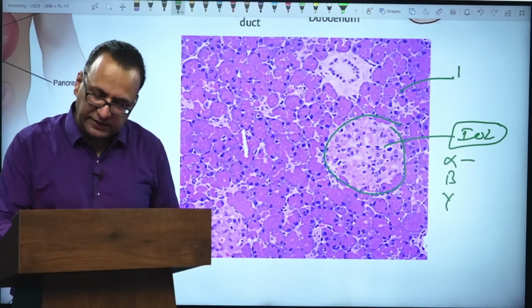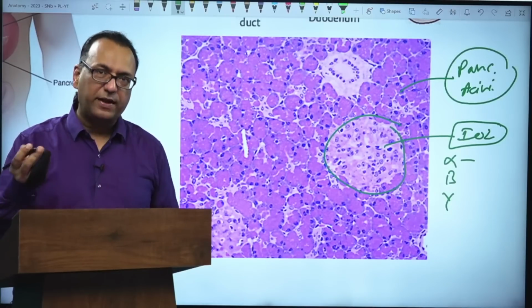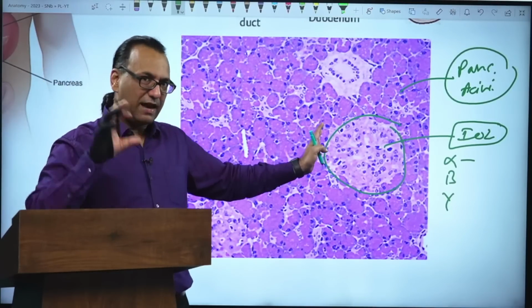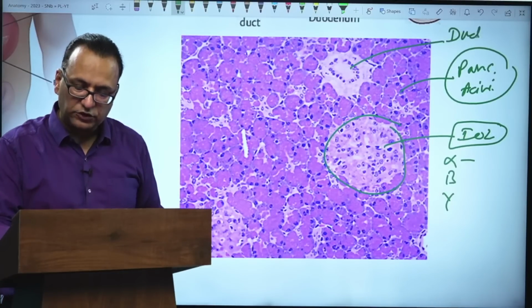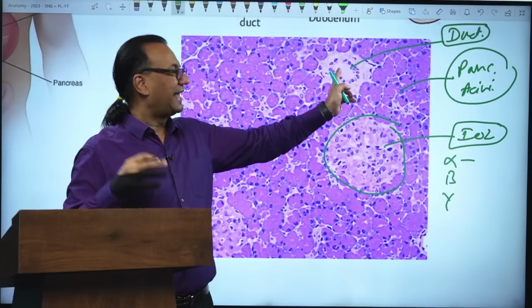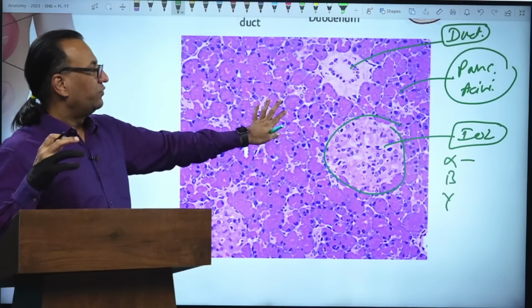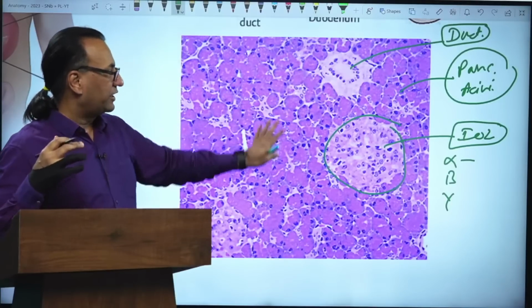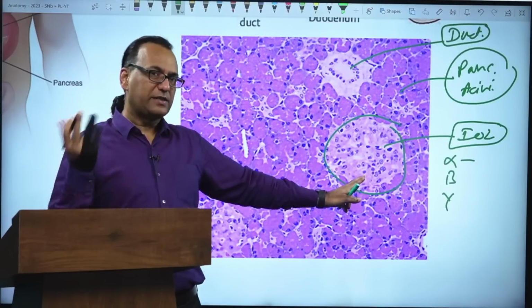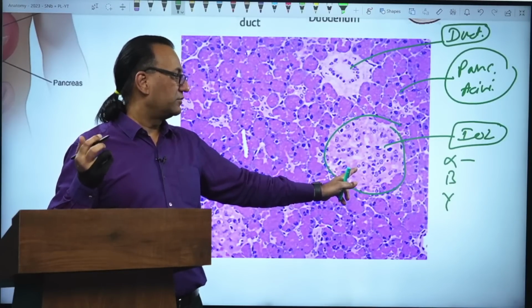These are pancreatic acini basically, and though they will have lumen, the lumen is not that evident. If you see the evident lumen, then it is a duct which you see, the duct which will carry exocrine secretion from the pancreatic acini, which is bicarbonate rich digestive juices. But it is endocrine plus exocrine organ, the pancreas, and it is islet of Langerhans.